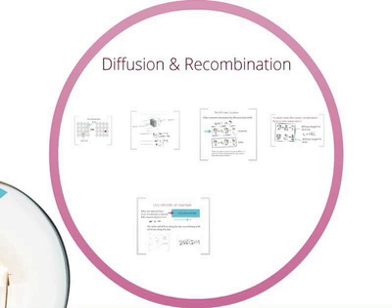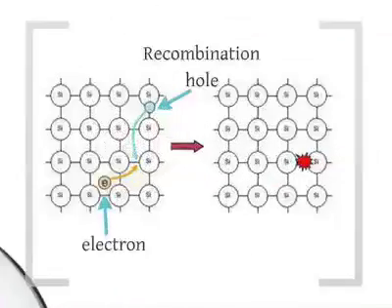Remember, we talked about generation rate equal to the recombination rate and so on. So whenever there are electrons and holes, there is also a chance that they will recombine and cease to exist, essentially. Recombination is a combination of the electron and a hole, and they annihilate each other, essentially.